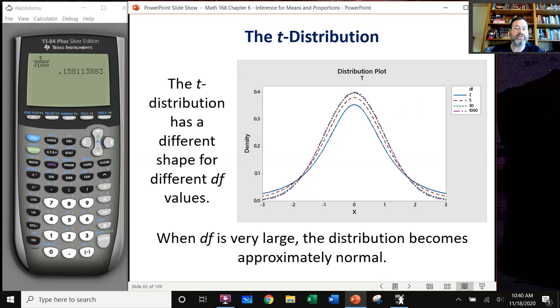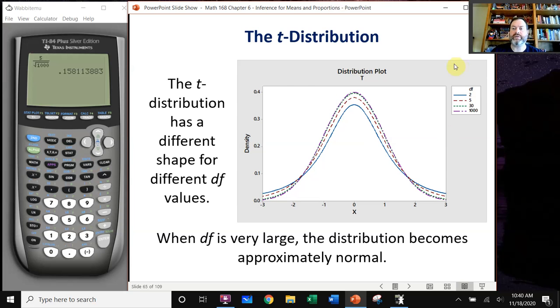You always have to have a normal population or large samples. If your df is 2, your samples are size 3, that's not a large sample. And again, right around 30 is the cutoff where most people are willing to accept that the t-distribution is actually a normal distribution. It's correct within 2 decimal places for most of the things we're going to look at.